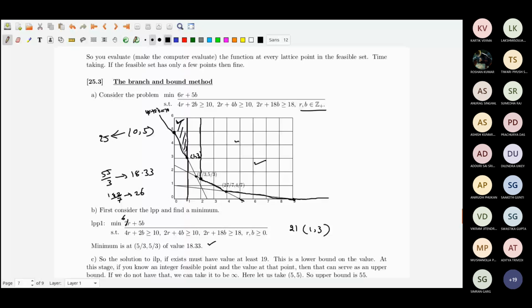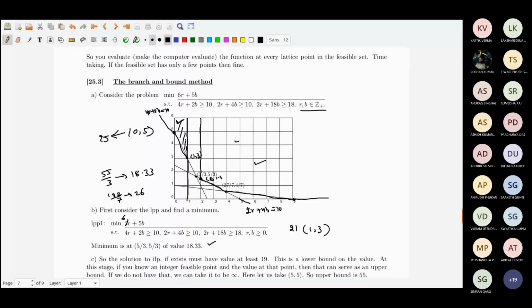This line is 2R plus 4B equal to 10. So 4B, so this is 5 by 2. So this point is 2 comma 1.5. This one is 2 comma 1.5.